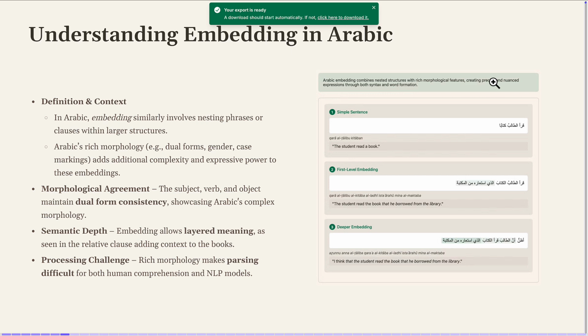Okay, also the Arabic language is a language with rich morphological features. We can have embeddings similar to involving nested phrases with larger structure. So look at these phrases. You can have a simple sentence, قرأ الطالب كتابا. We can have an additional sentence, قرأ الطالب الكتاب الذي استعاره من المكتبة. وأظن أن الطالب قرأ الكتاب الذي استعاره من المكتبة.